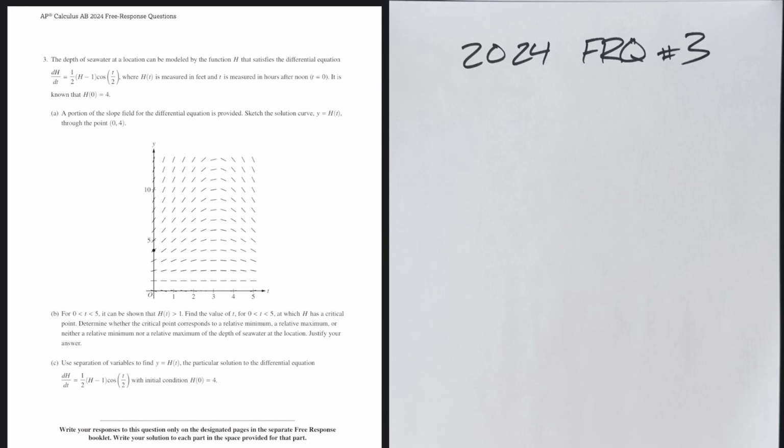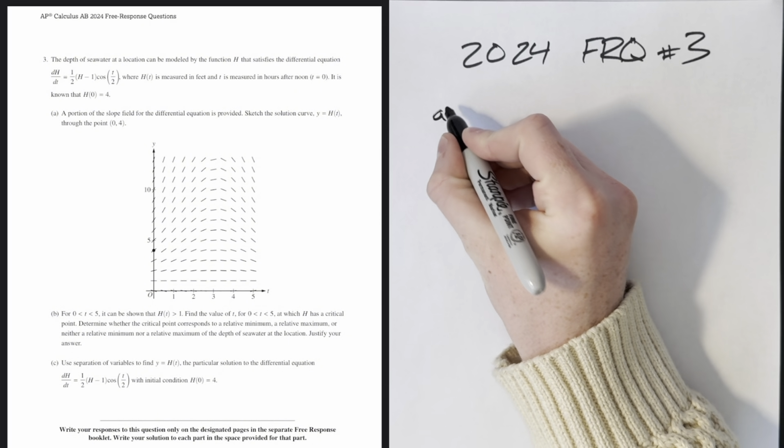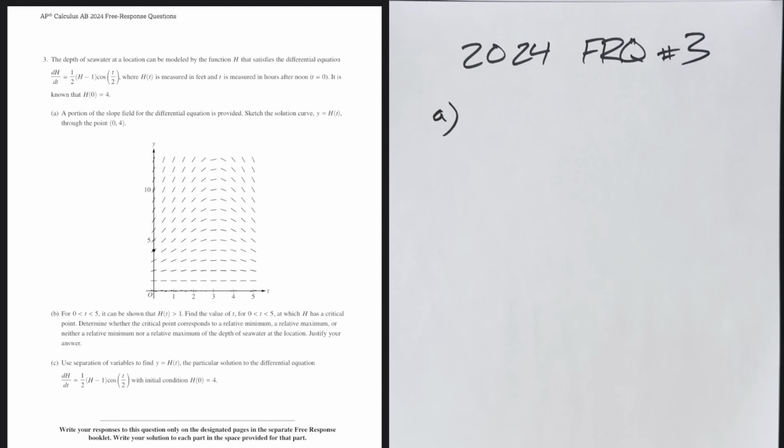Okay, so part A. It's going to be a little bit hard for me to show this on the screen, but it says a portion of the slope field for the differential equation is provided, and it asks us to sketch the solution curve, y equals h of t, through the point (0, 4).